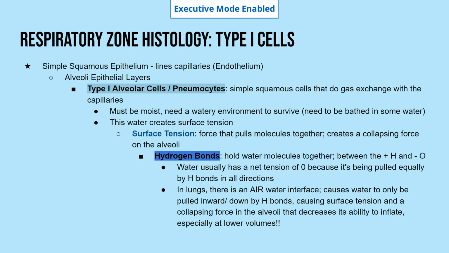So when the alveoli collapse in, it pushes air back out, so you can exhale. And again, this is due to hydrogen bonding between water molecules, which is creating that inward force.